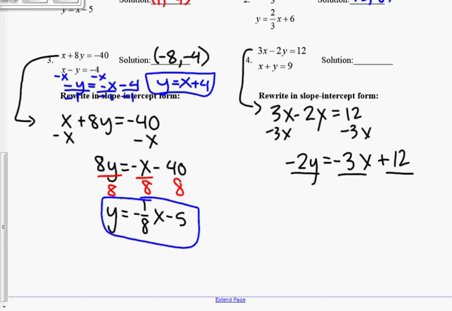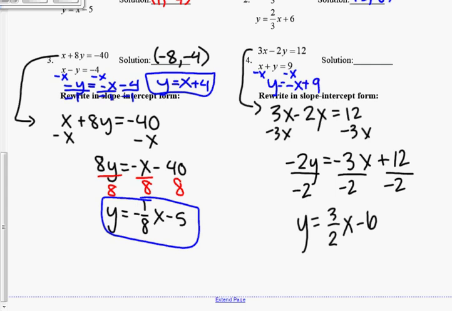Divide everything by -2. And y equals a positive 3/2 because we have a negative divided by a negative, x minus 6. For our second equation, all we need to do is subtract x over. So y equals negative x plus 9.